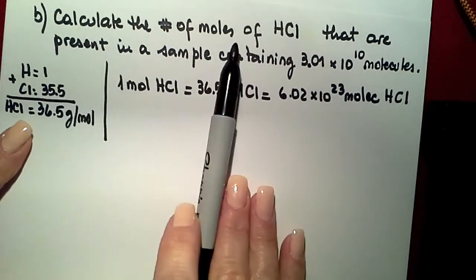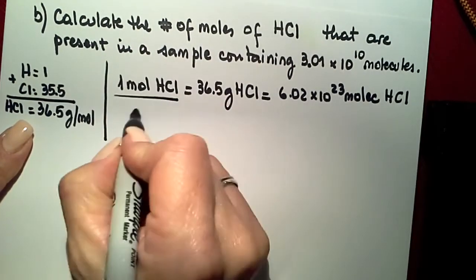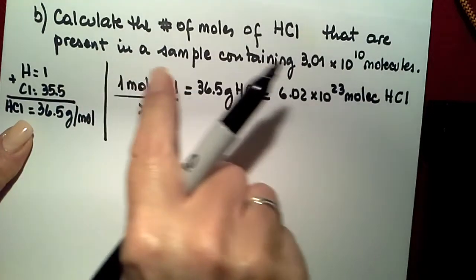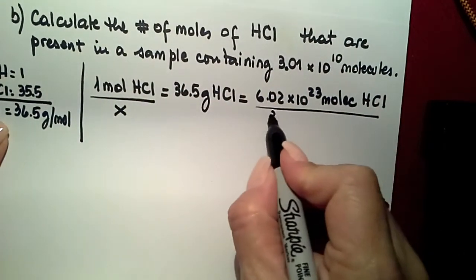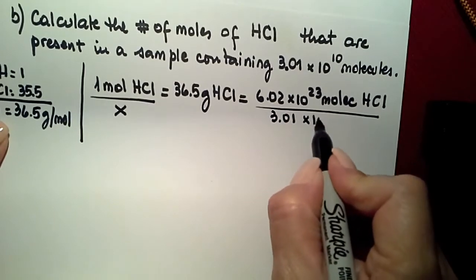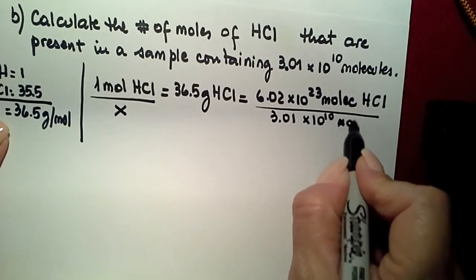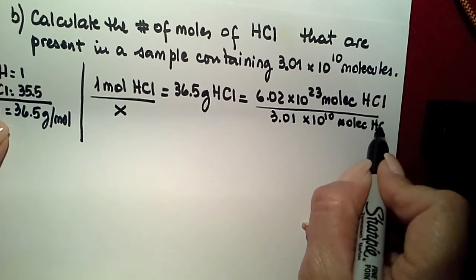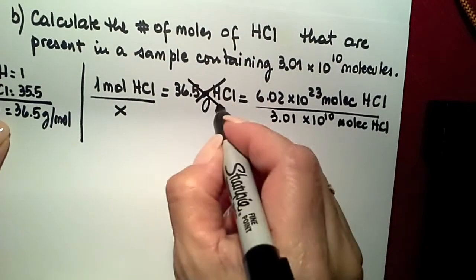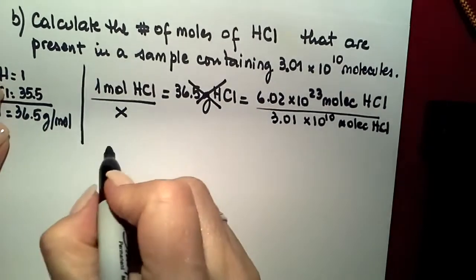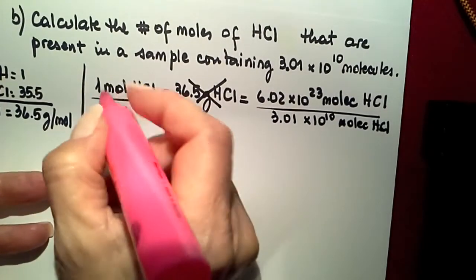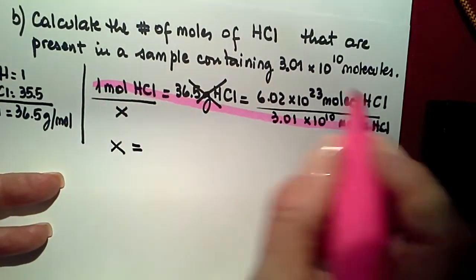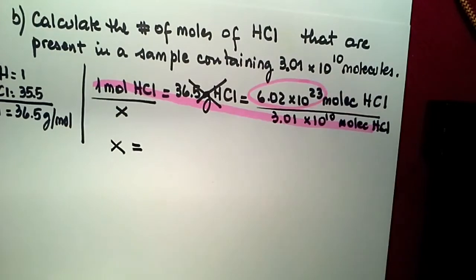In this case, it says calculate the number of moles. I'm going to put my X here, and are present in a sample containing this amount of molecules. So here I'm going to put 3.01 times 10 to the 10 molecules of hydrochloric acid. Of course, we are not going to use the mass in this case, so X will be the same as multiplying these two numbers and dividing by this number here.